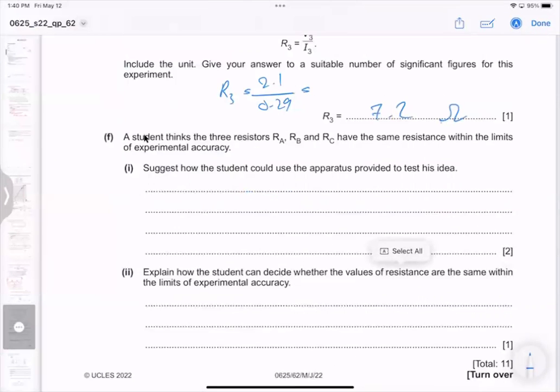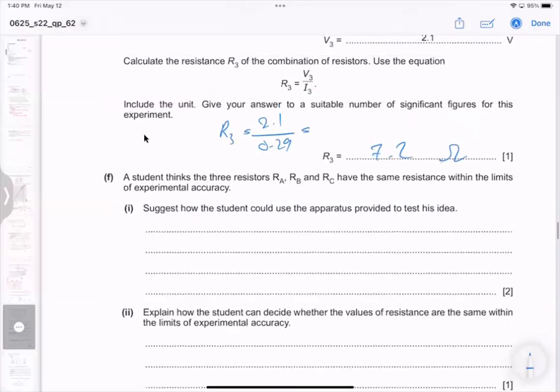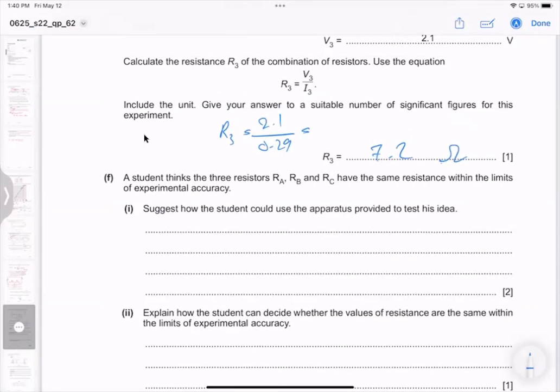Okay? A student thinks the 3 resistors, RA, RP, and RC, have the same resistance within the limit of experimental accuracy. Suggest how the student could use the apparatus provided to test this idea. What do you think?